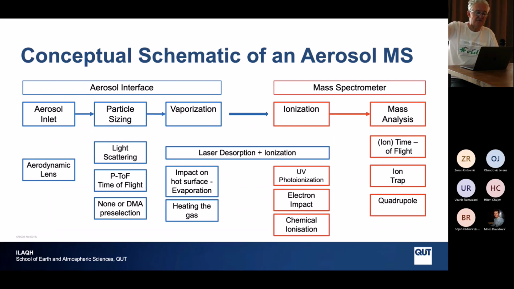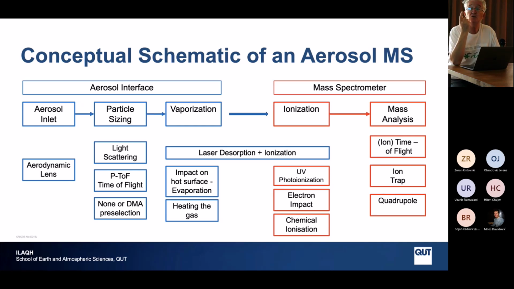This is a generalized graph, again from Jose, a conceptual schematic of an aerosol mass spectrometer. On the left side you have the aerosol interface, and on the right-hand side in red, you have the mass spectrometer. The aerosol inlet is the first step to bring the particles down to vacuum.